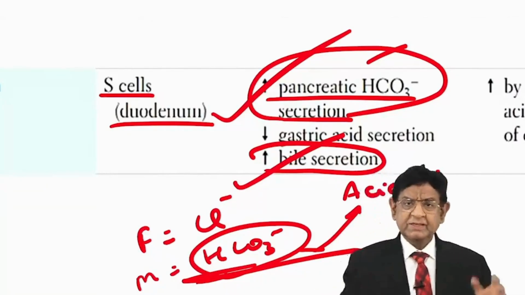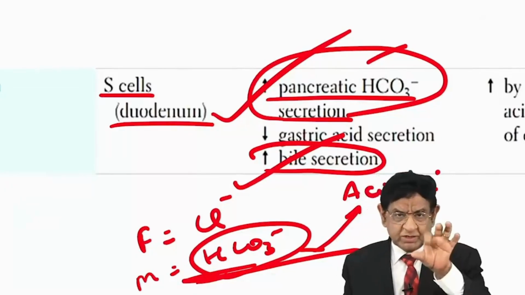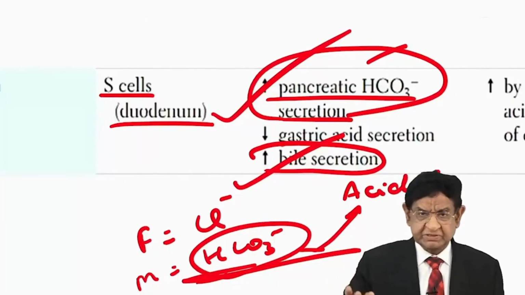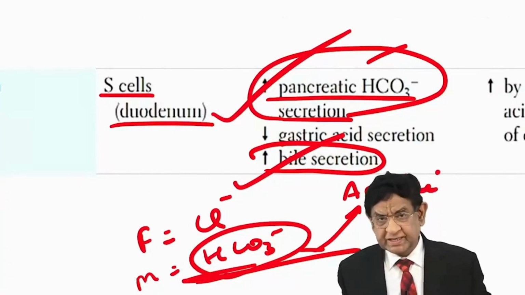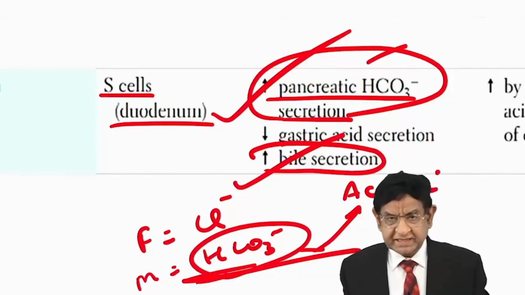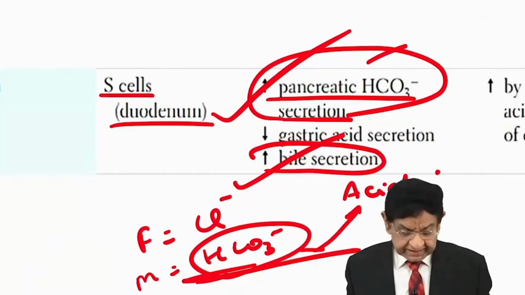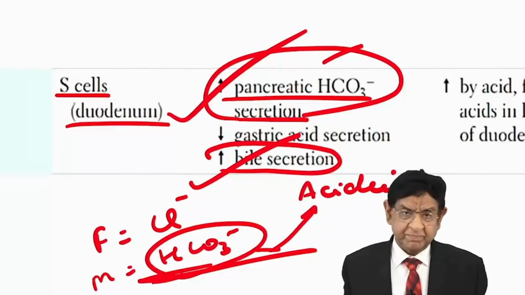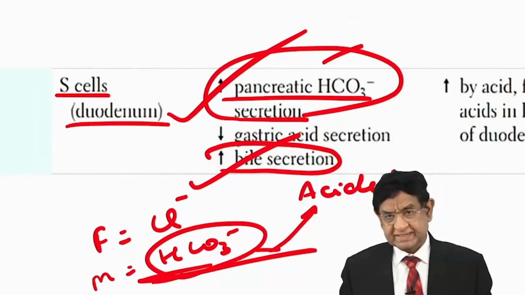Somatostatin reduces gastric acid and gallbladder contraction, causes contraction of the sphincter of Oddi and reduces pancreatic secretion. The actions of cholecystokinin are the reverse: it causes gallbladder contraction, increased pancreatic secretion and relaxes the sphincter of Oddi. Secretin increases the pancreatic juice as well as the bile acid secretion. This is the basic physiology concept so far.